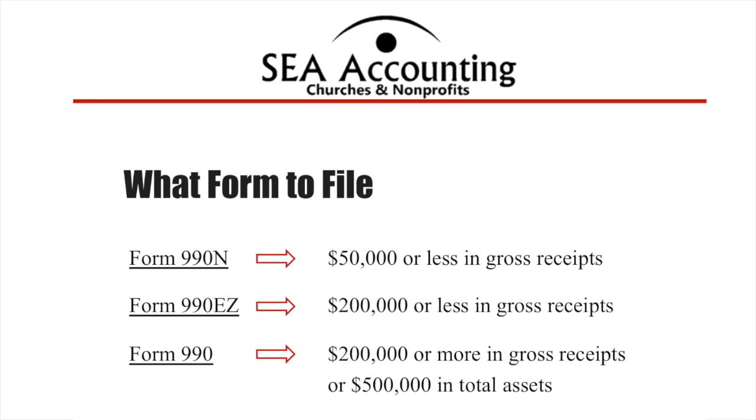If your organization has brought in $200,000 or less in gross receipts, then you are responsible for filing Form 990-EZ. Or if your organization has brought in $200,000 or more in gross receipts, or you have more than $500,000 in total assets, you're required to file the long form, Form 990, for your taxes.